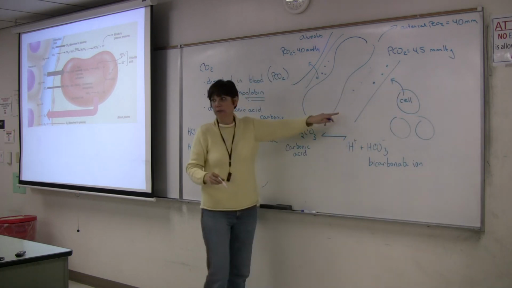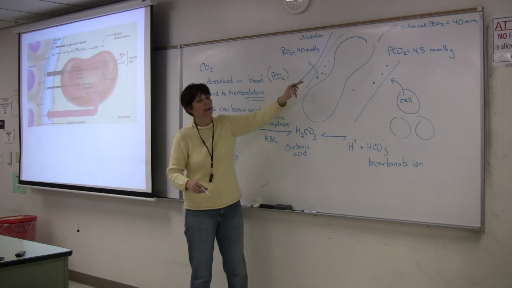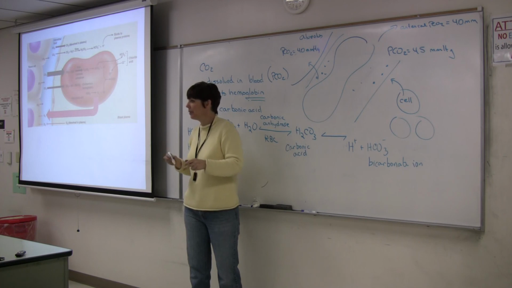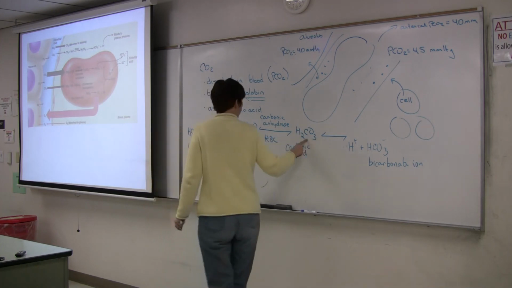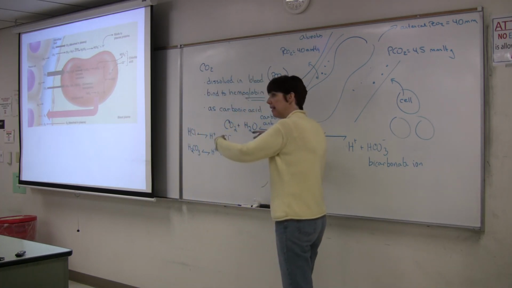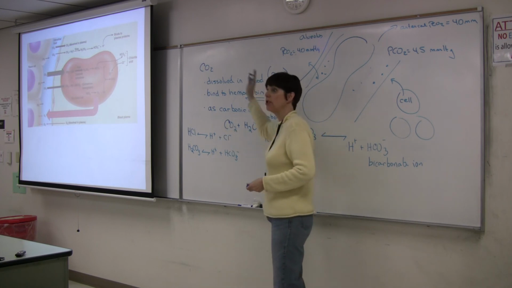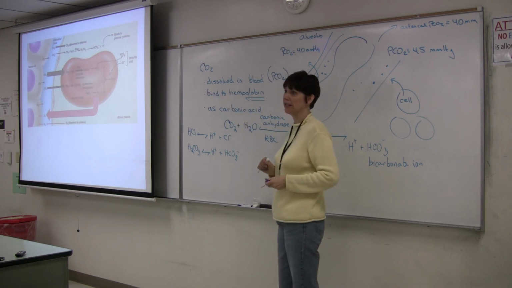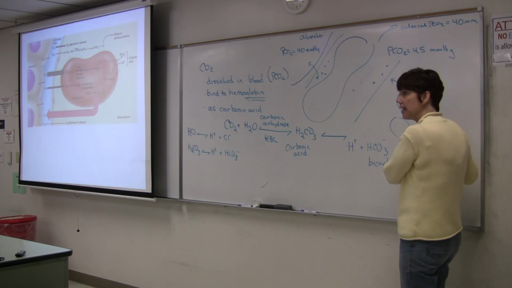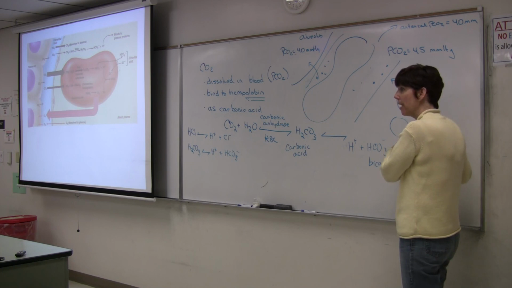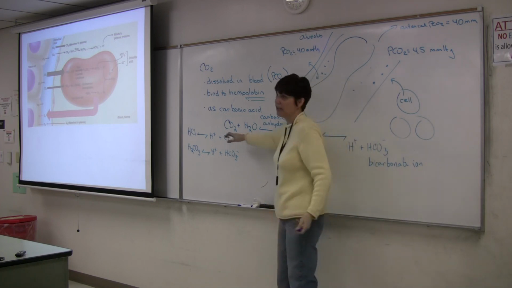So as we start to lose carbon dioxide moving out of the plasma, the carbon dioxide that's bound to the hemoglobin will become dissociated and move into the plasma. And the carbonic acid, as there's less and less CO2, will be driven to dissociate and form carbon dioxide and water, and that too will leave the plasma and move into the lungs. So everything that happened in this direction in the tissues, not because of enzymes or hormones or the nervous system, purely because of a change in the amount of CO2, is going to be driven to go back this direction.